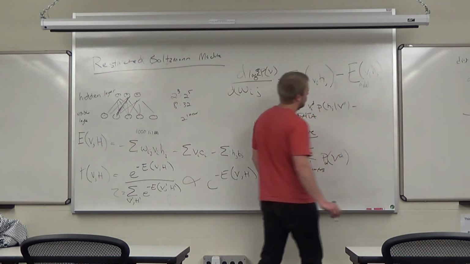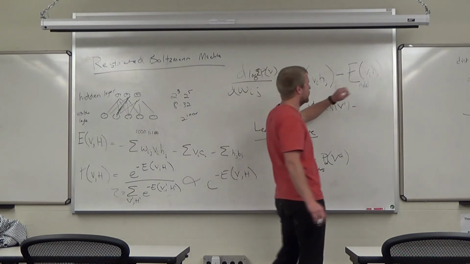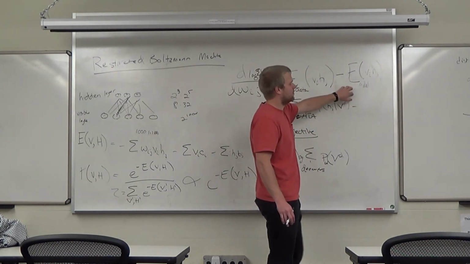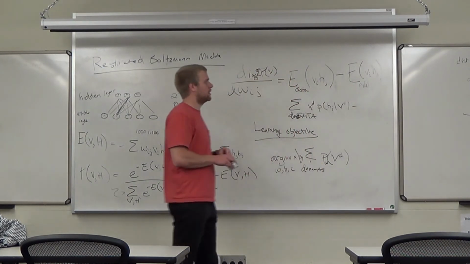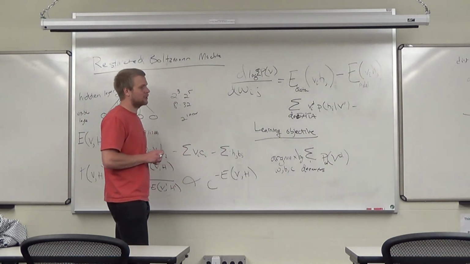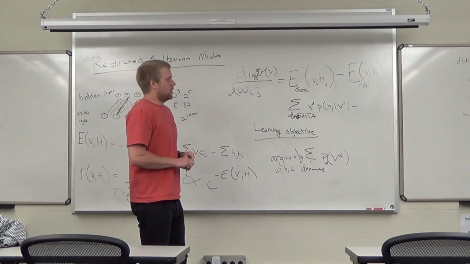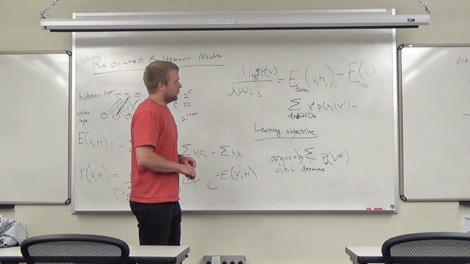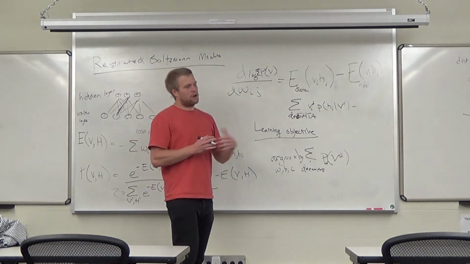And then to get this other expected value, what you would have to do is use alternating Gibbs sampling to continue to alternate the sample.